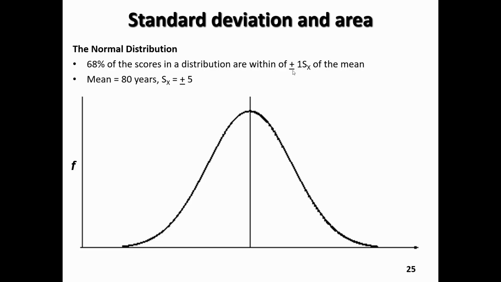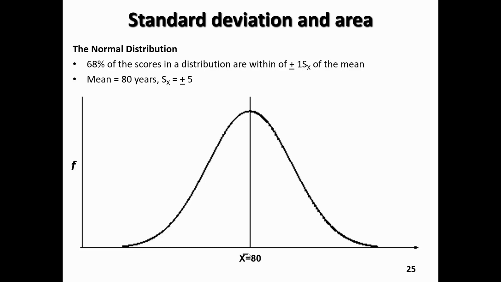In this example, if we have a population or a very large sample of individuals that have an average age of 80 years, we might find that the standard deviation of this sample or population is plus minus 5 years. Along the x-axis of our graph is the distribution of the outcome variable, which is age. Here we see the line of symmetry for the normal distribution with an X bar.